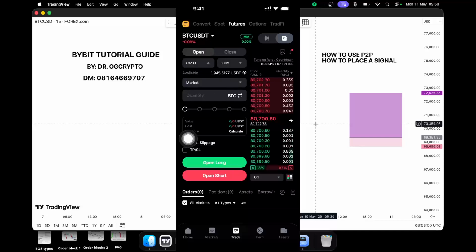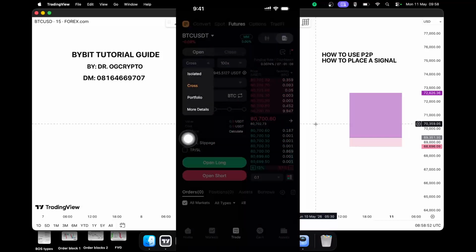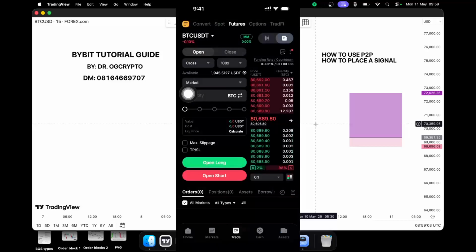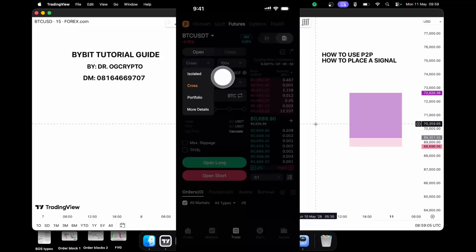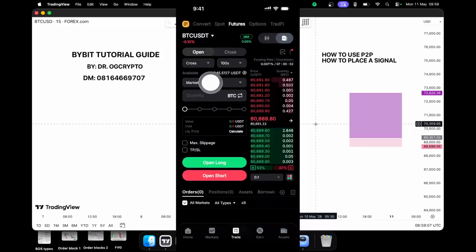There are two ways you can actually be trading. You can be trading in isolated, trading with cross, portfolio, and so on and so forth. But these are the two common ones, isolated and cross. Now what's the difference between trading with cross and trading with isolated? If you are trading with cross and you do not set stop loss, let's say you enter the trade with $10 but you do not set stop loss, and the trade is now going against you.